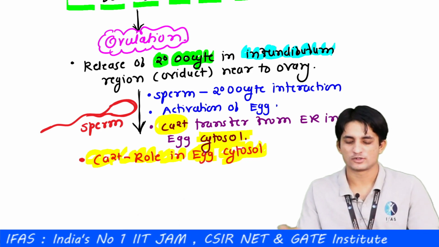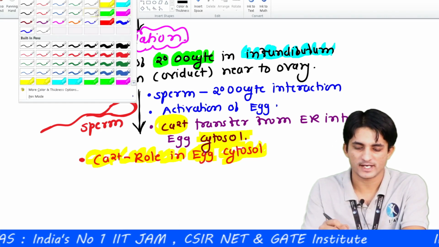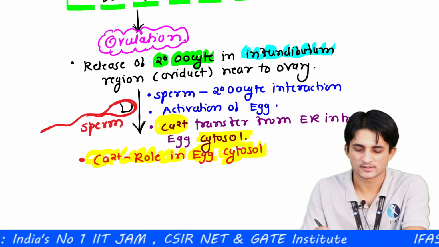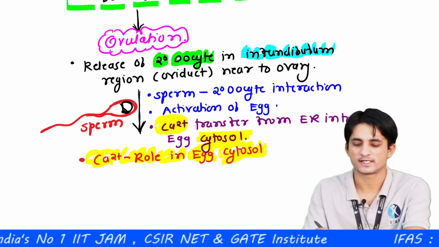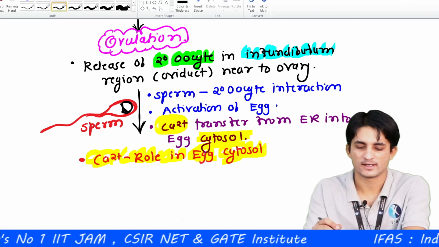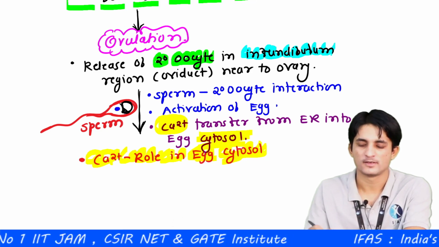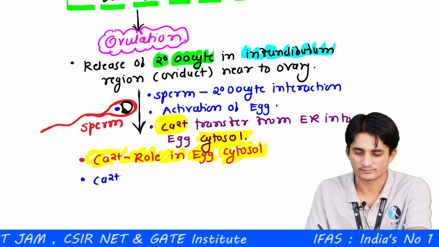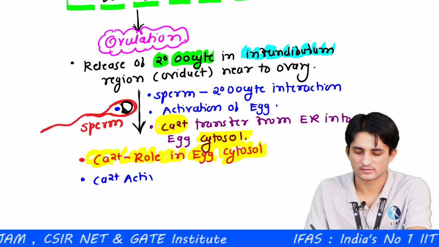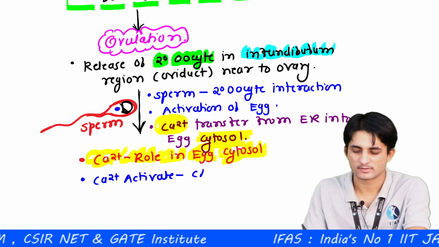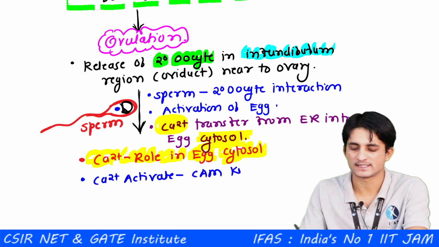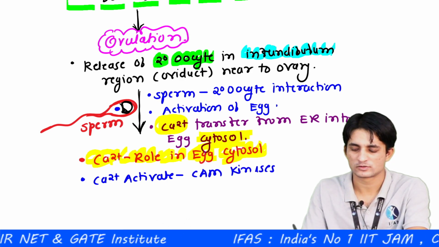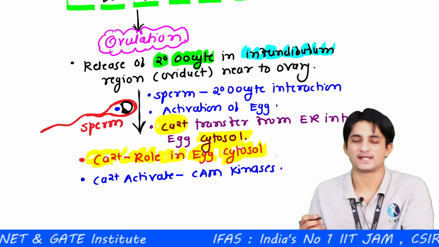Now in the cytosol, calcium will activate some calcium dependent kinases, some CAM kinases.